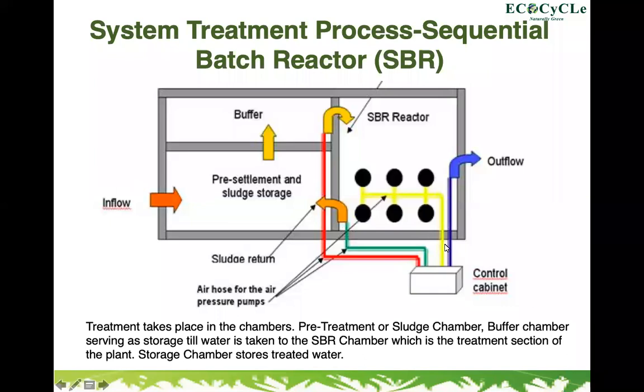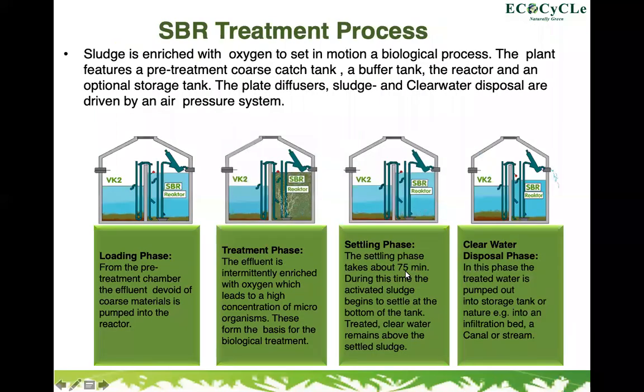Now it goes to the outflow. At the outflow, you can have a tank, you can have direct reticulation. It depends on what the client wants to use. The yellow represents aeration, the green represents the sludge return, and the red represents the feeding of the raw sewage into the reactor chamber.